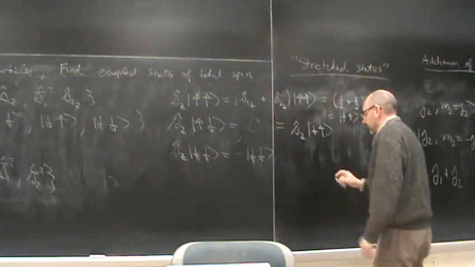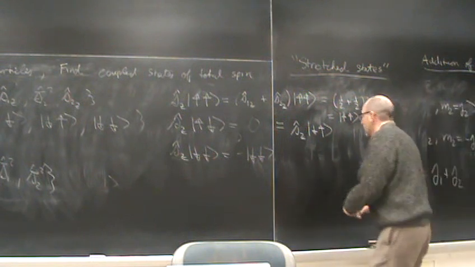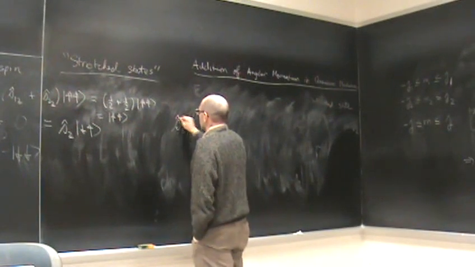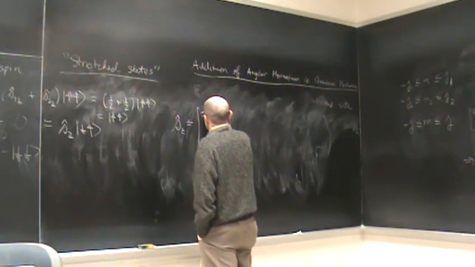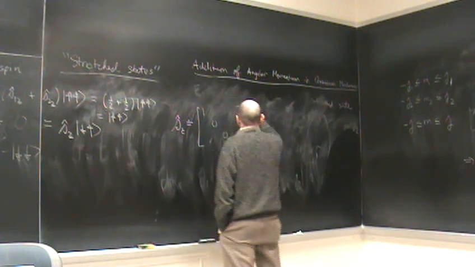So in this basis, the total Sz is diagonal. The total Sz is 1, 0, 0, -1 in the basis.